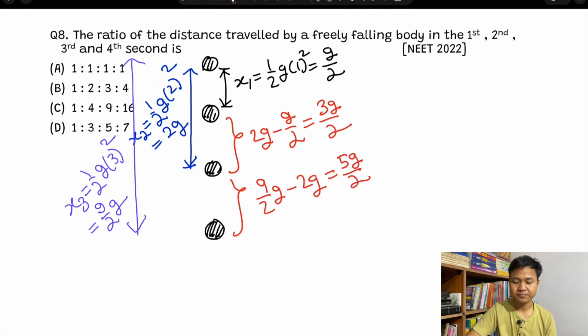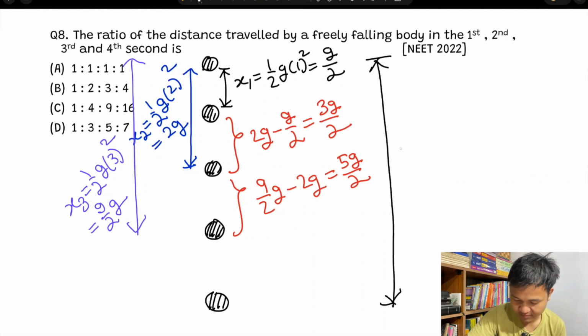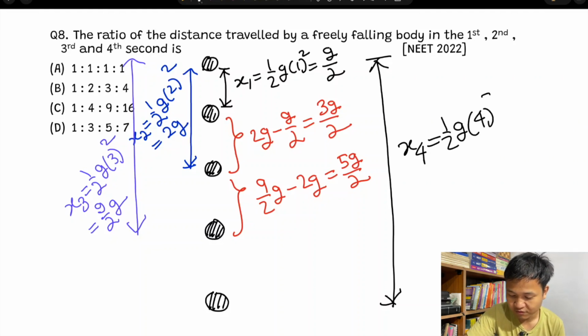Okay. So finally, after 4 seconds, let's say the body has traveled down here. Let's say this much it has traveled in 4 seconds. So how much is this? Half into z into 4 square.